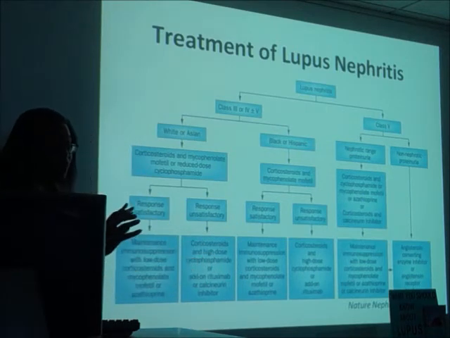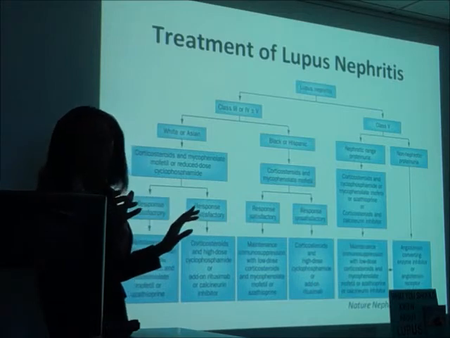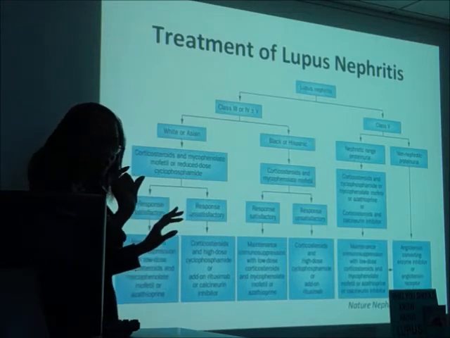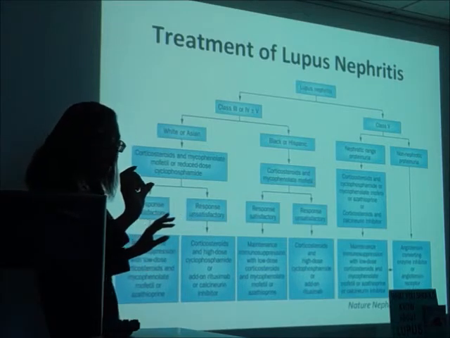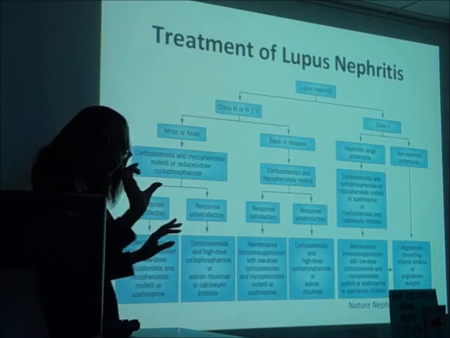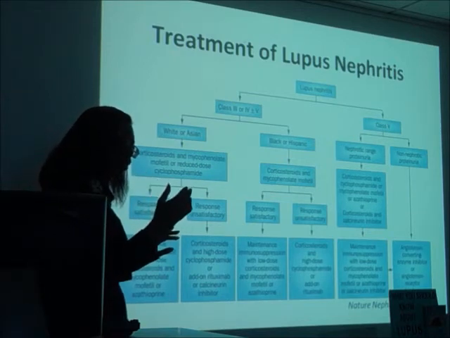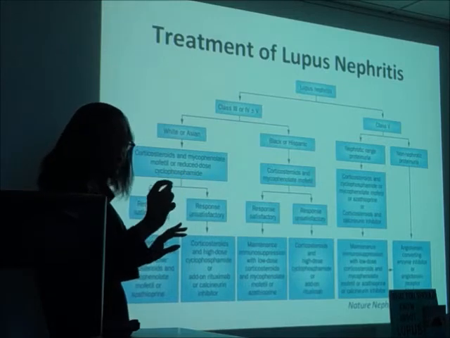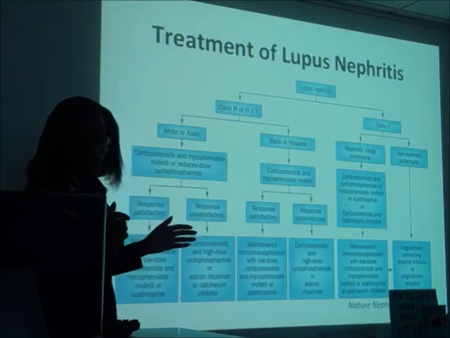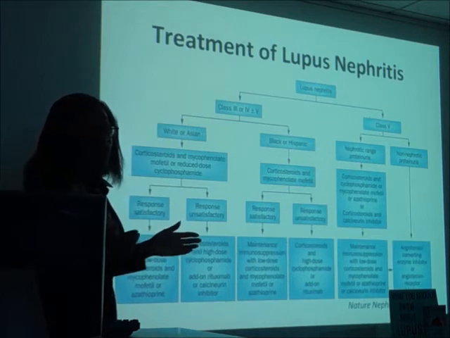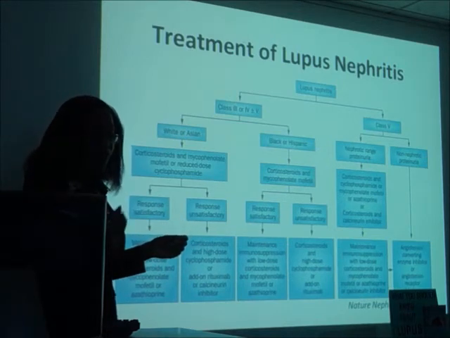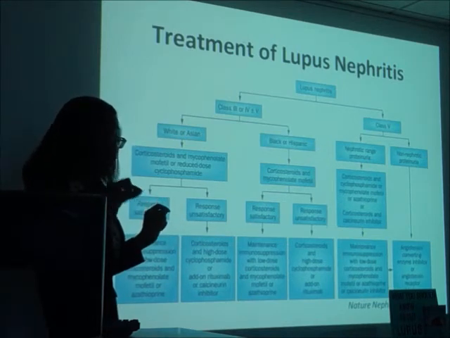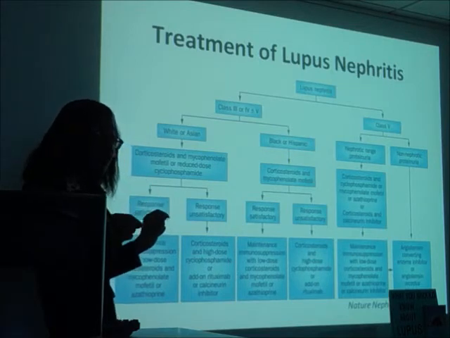So rituximab, for those that haven't heard about it, it's a new treatment which is directed directly against B cells, some of the antibodies on the surface of the B cells. So by using that agent, we believe that maybe it will be more effective, but also that it may have fewer side effects because it's targeted specifically.